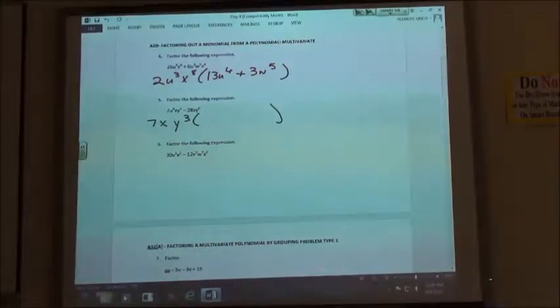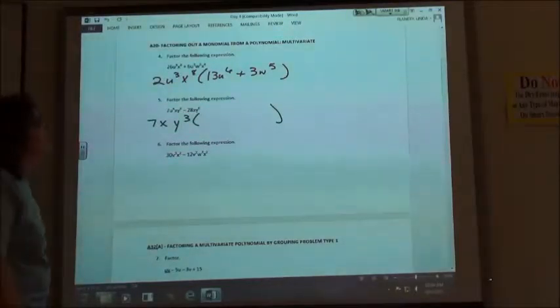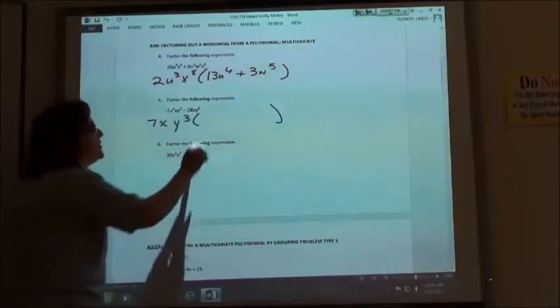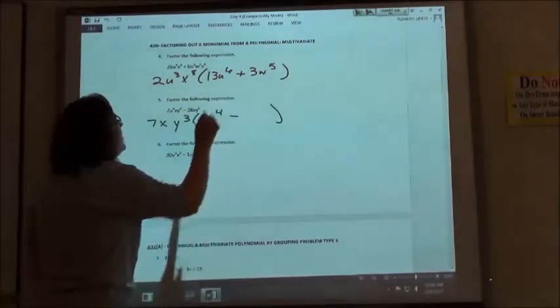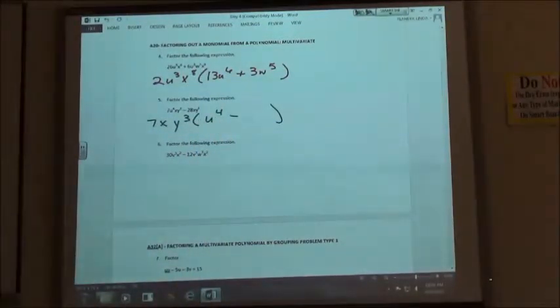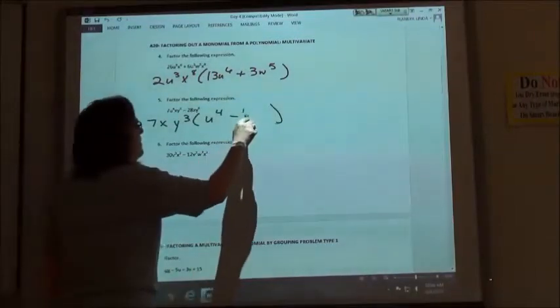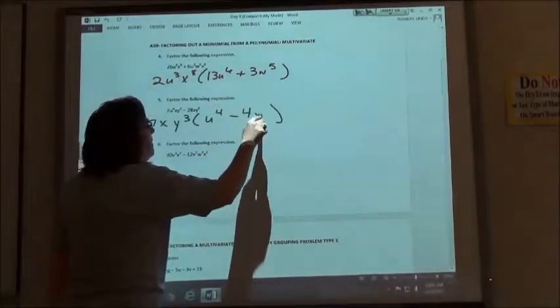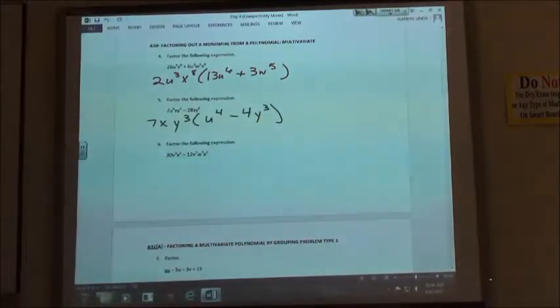And so if I divide out the 7xy cubed on my first term, I'm going to have just the u to the fourth left. And on my negative 28xy to the sixth, I would have u to the fourth minus 4y cubed left when I take out the 7xy cubed.